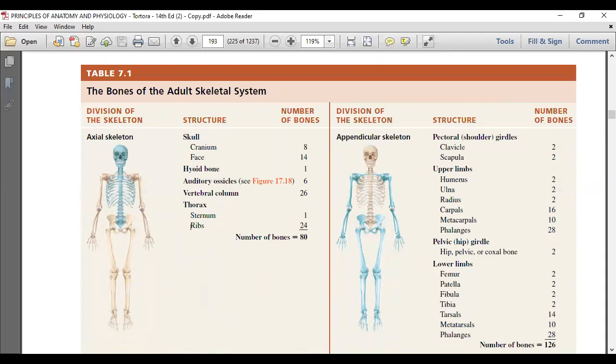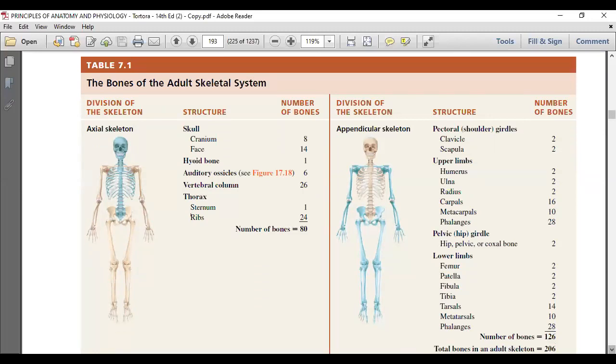The bones of the adult skeletal system are divided into the axial skeleton and appendicular skeleton. The axial skeleton includes the skull, the vertebral column, the hyoid bone, the auditory ossicles, and in the thorax the sternum and ribs. Totally we say 80.